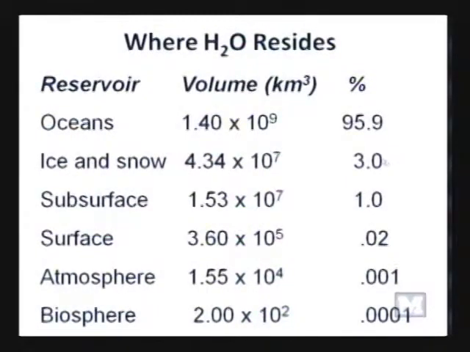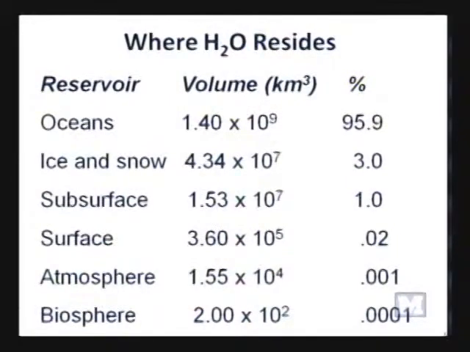So 3/4 of the fresh water on Earth is tied up in ice and snow. And perhaps surprisingly, water below the surface, we call this groundwater, is about 1% of the total. The surface water, which is the most visible, as I said, is really a small fraction of the total water on Earth, and then even smaller fractions are in the atmosphere and the biosphere.